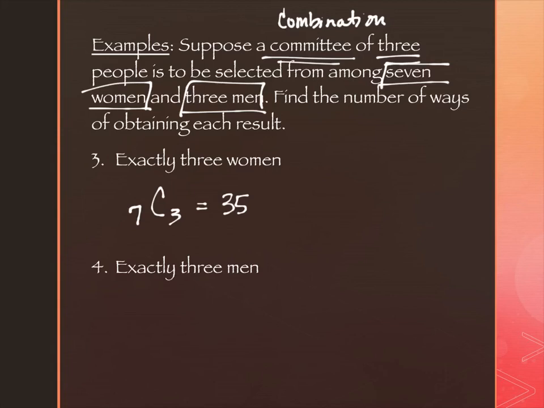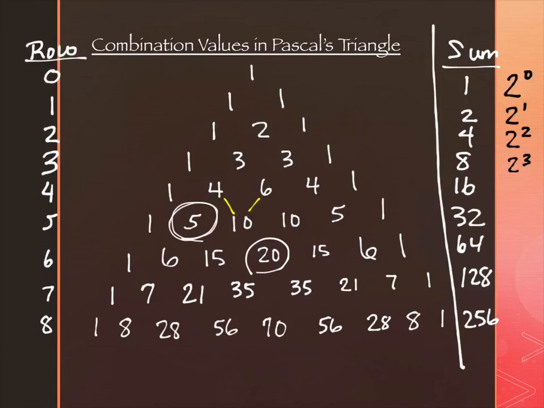So there are 35 selections, or I'll call it ways. How about 3 men? 3C3. You probably know what that is. If you don't, it's okay, but you can still do it from your table. What is 3C3? 1. It's the last entry. It's 1.